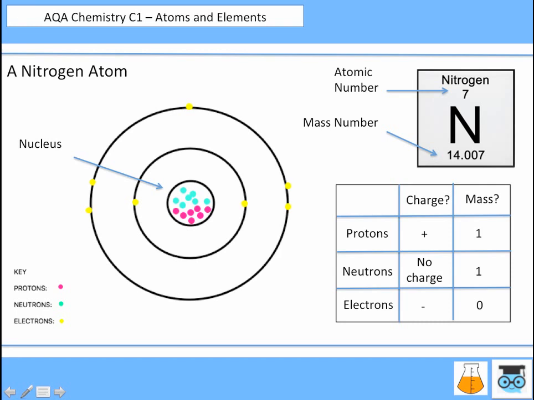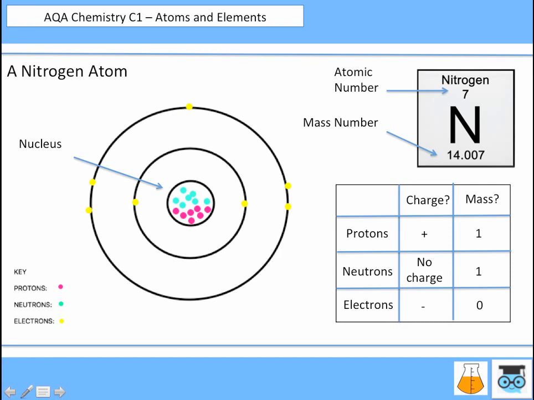Carrying on for each of the other shells, the first shell is 2 electrons, the second shell is 8, third shell 8, fourth shell 8, carrying on, and that's all you need to know for GCSE. These could be known as energy levels, they could be known as electron shells, but you're better off sticking to energy levels for GCSE's sake.